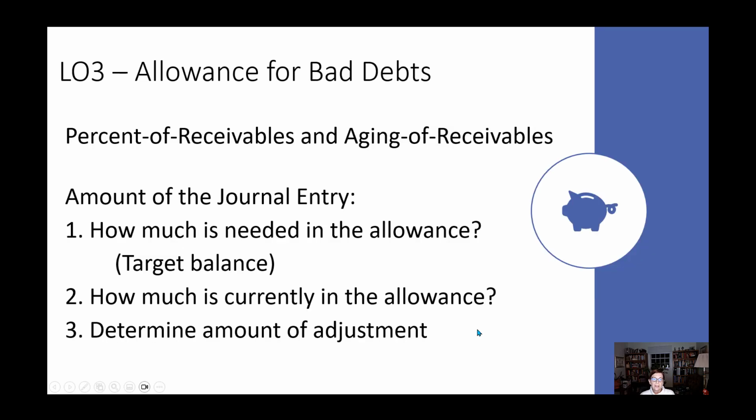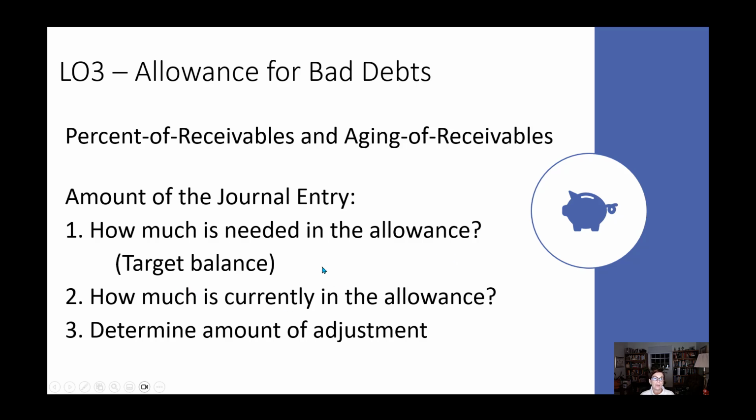Now, the percent of receivables and aging of receivables, the two methods are very similar. The only difference is percent of receivables involves one percentage only. Aging of receivables is a little more precise and involves a bunch of different percentages, but the procedure is exactly the same. The question you have to ask yourself is this: how much is needed in the allowance at the end of the period?